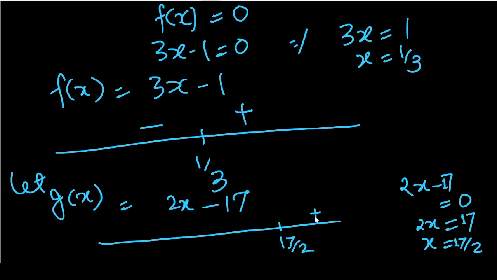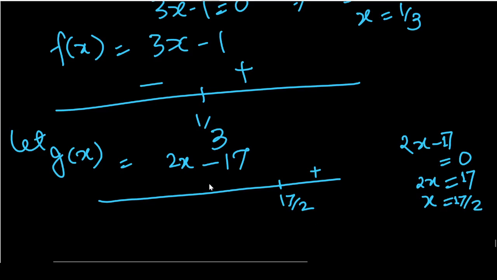Again I will plot plus and minus. So we took two examples of polynomials: a, f(x) is 3x minus 1, b, g(x) is 2x minus 17, and I plotted on both the linear expressions the signs on the number line.